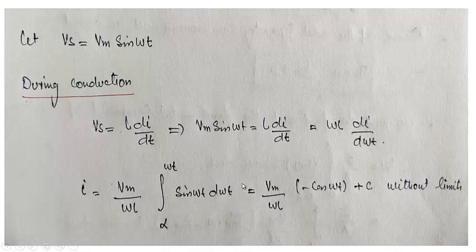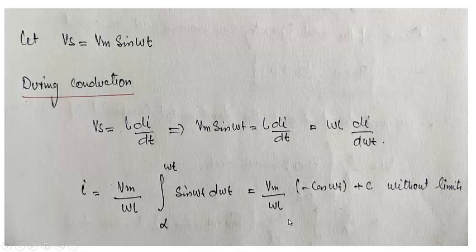Because we are actually integrating, our time domain is not t, it will be omega t. Then I will be equal to, taking this d omega t to this side, the integral of 1 by omega L Vm sine of omega t. So Vm by omega L, and we will integrate from alpha to omega t. Omega t is an arbitrary time in the conduction angle.